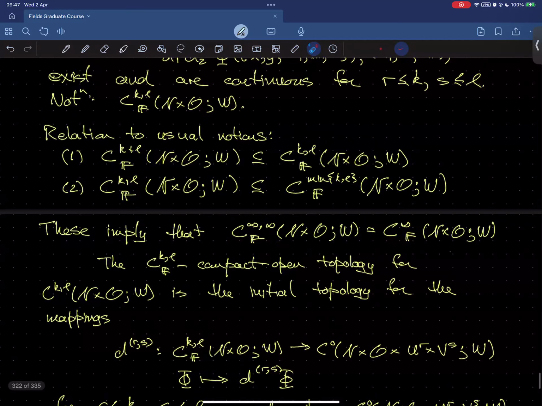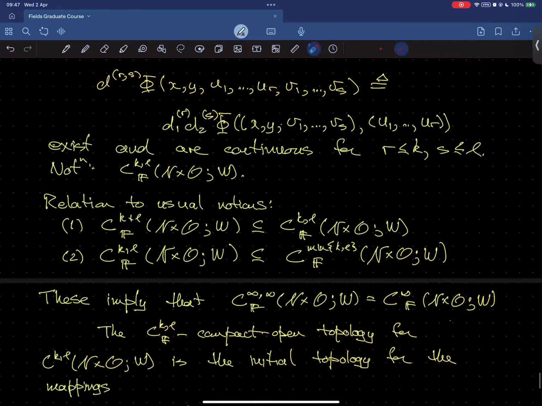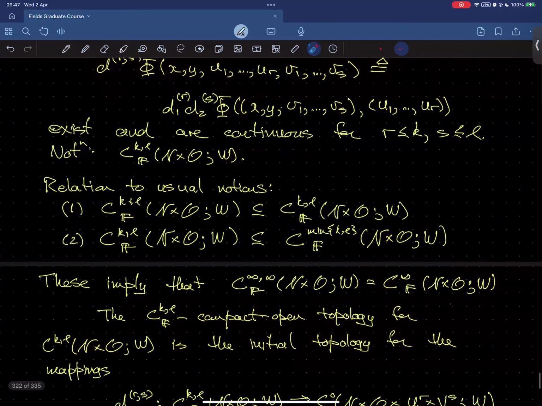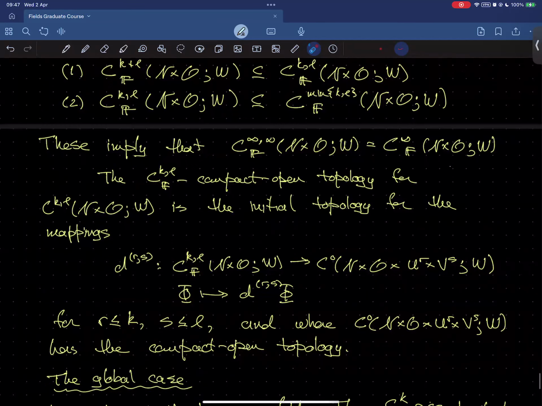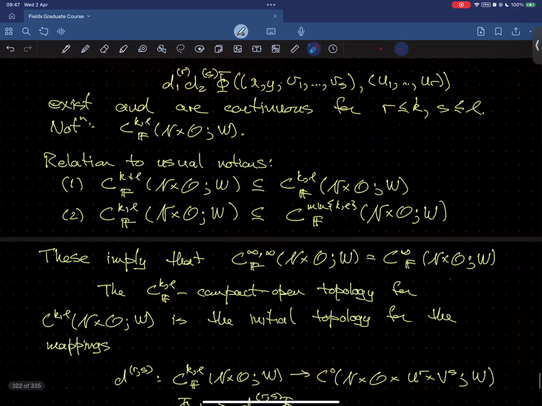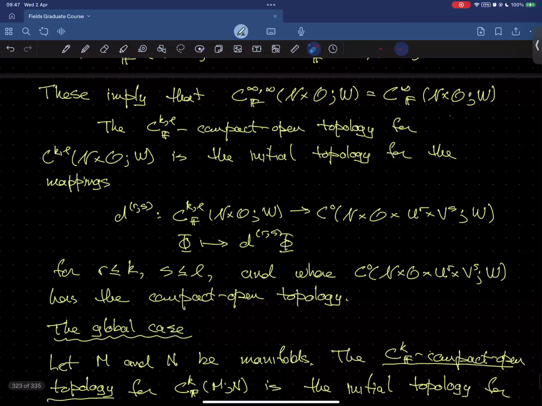All right, so that's just now spaces of mappings that we hadn't talked about previously. Mappings defined on products with different levels of differentiability in each of the terms of the product. All right, now we're going to define a topology for this one, and you do it in a way that's entirely analogous with what I did for just CK mappings above, and that is you say it's the initial topology defined by all of these derivative mappings.